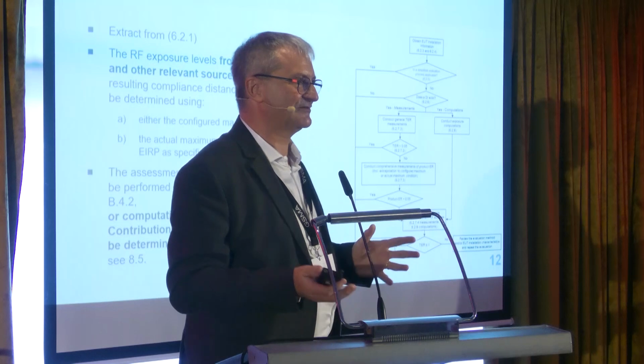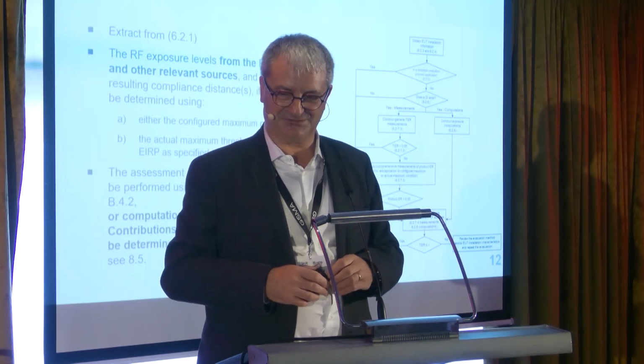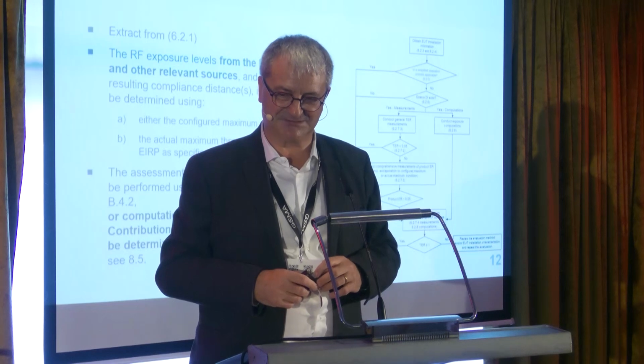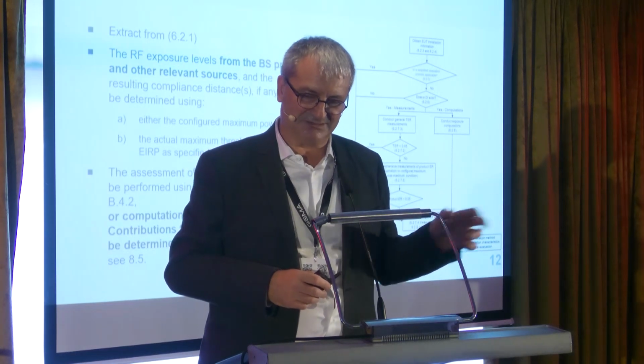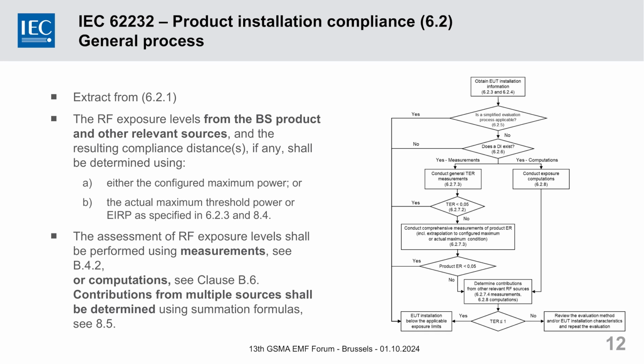So let's go now to the general process for implementing product assessment compliance. I put some extracts of the text, but basically what you need to remember is that for product installation, you take the transmission from the base station itself, and you check other sources around and how they contribute.